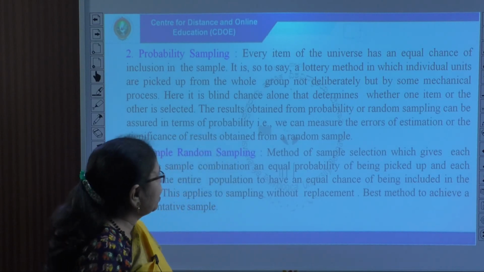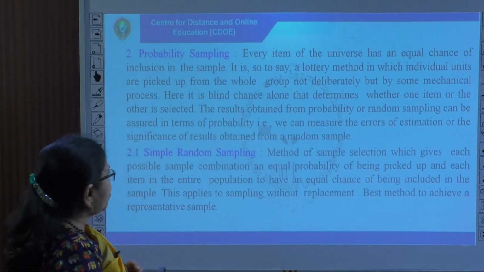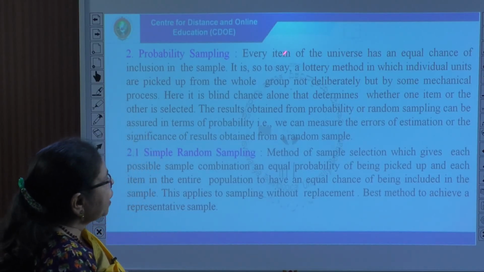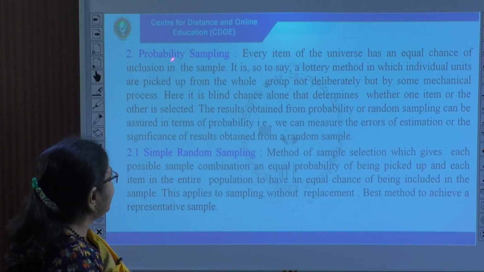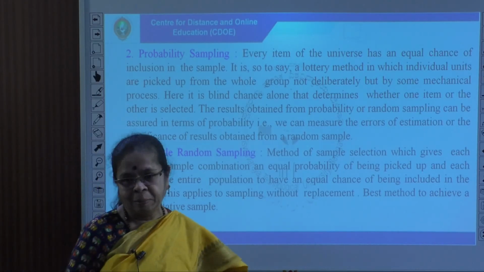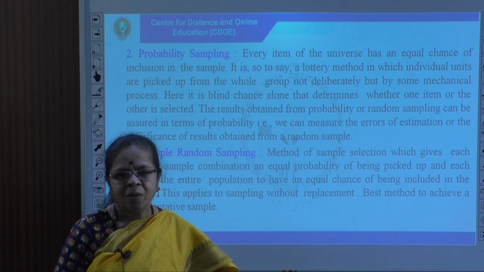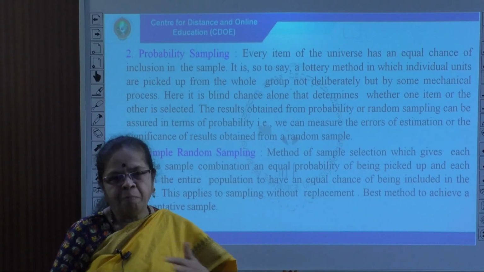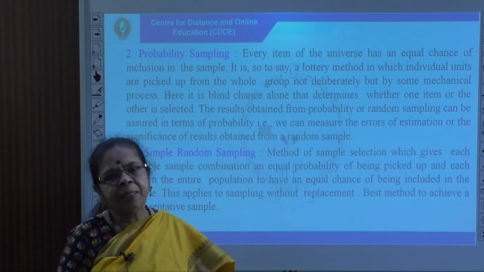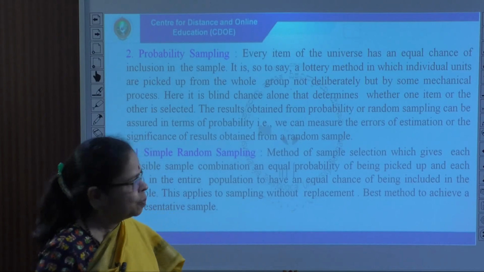So moving forward, in probability sampling, every item of the universe has an equal chance of inclusion in the sample. It is like a lottery. We all gamble, thinking that we will win the jackpot, right?